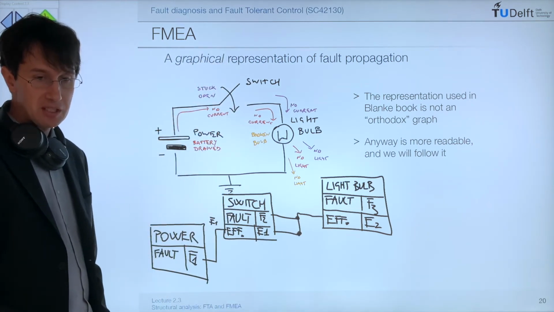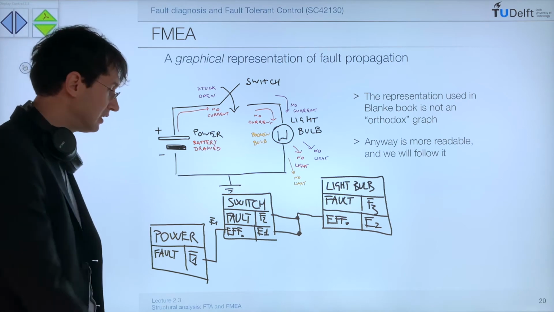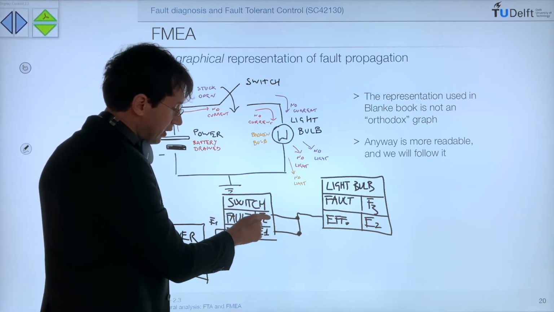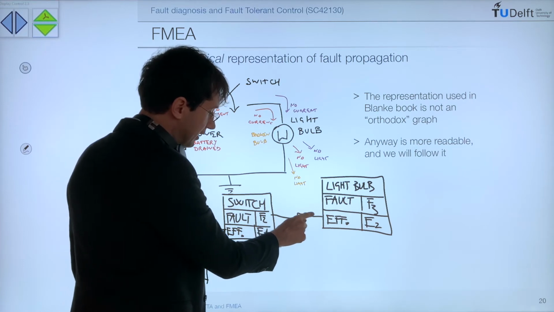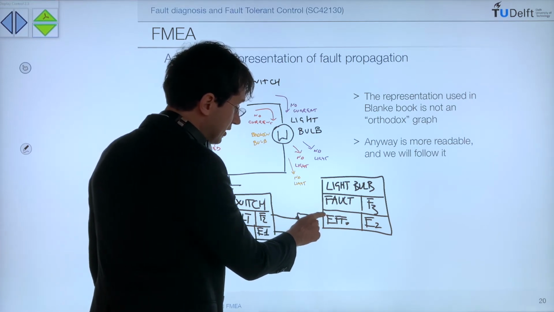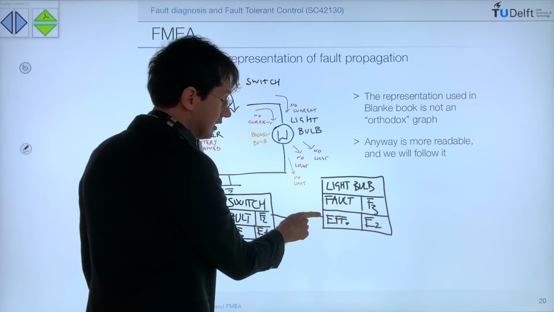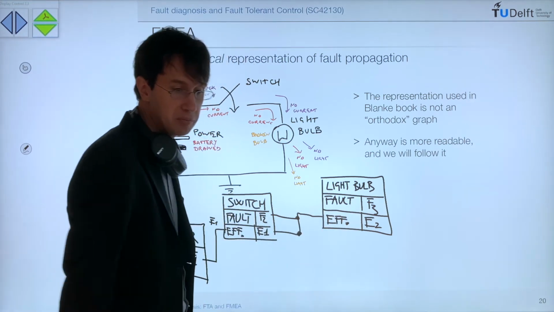So the merge that we highlighted is actually denoted like this. We have a line coming from here and from here, they merge on a single line that represents the effect no current out of the switch propagating to the light bulb.